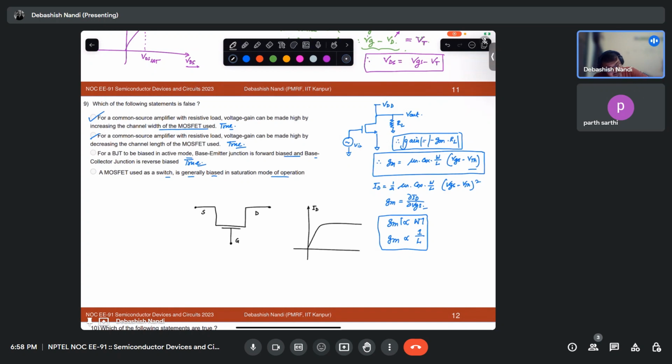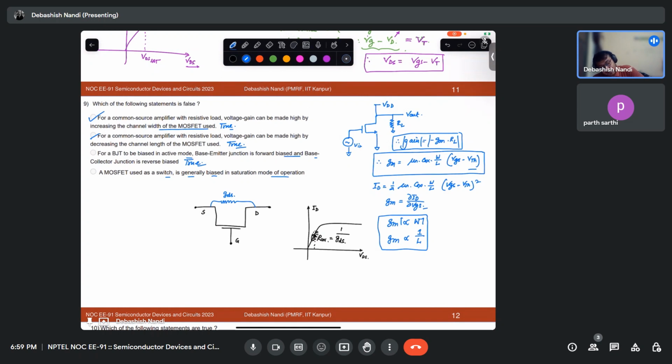Why do we need less resistance? The time constant RC: if R is less, RC is less. So R1 needs to be lesser. What is R1 here? R1 is nothing but 1 over gds. At this point, gds is lower. So there is a resistance across this.